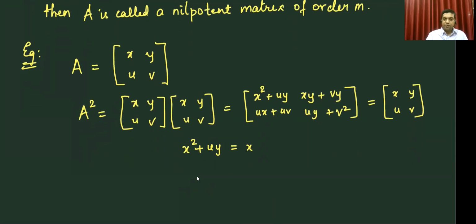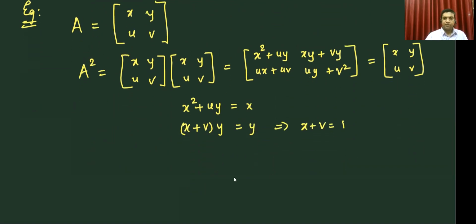The second term: take y common, x plus v times y is equal to y, which implies x plus v should be equal to 1. Third one, take u common, u times x plus v is equal to u, which implies x plus v should be 1.